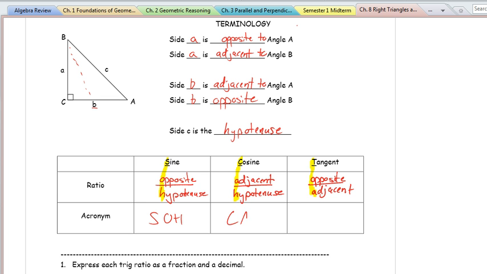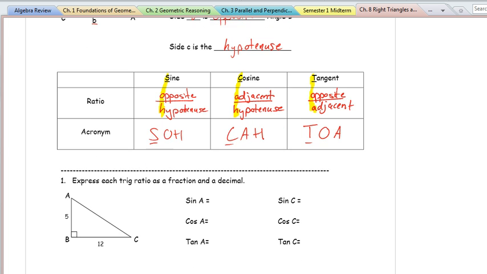The cosine is adjacent over hypotenuse. The tangent is opposite over adjacent. So we have SOHCAHTOA. You will write that down a lot on papers, quizzes, tests. But again, you always are looking at that first letter as to what function you're using, and then the ratio decides is it opposite over hypotenuse, adjacent over hypotenuse, or opposite over adjacent.